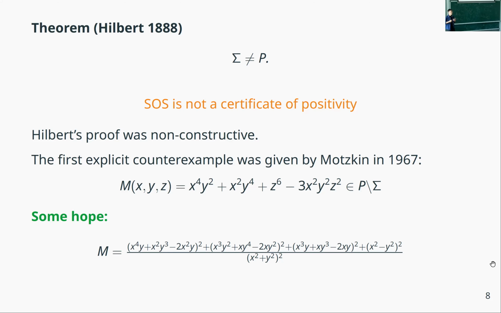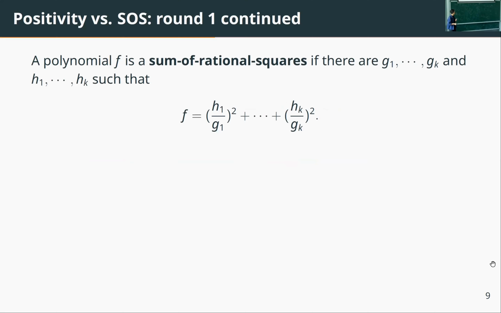Maybe we can look at some weaker condition. So a polynomial f is a sum of rational squares if it can be written as the sum of squares of rational functions, where a rational function is just a polynomial over another polynomial. Okay. So if you are a sum of squares, you are of course a rational sum of squares. You just take all g's to be 1.